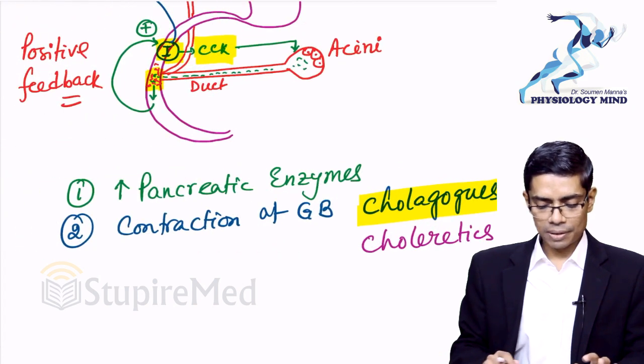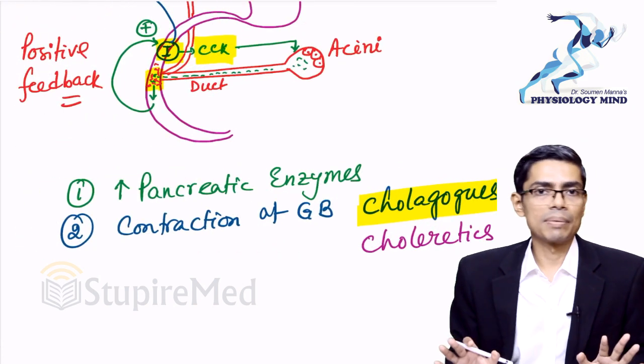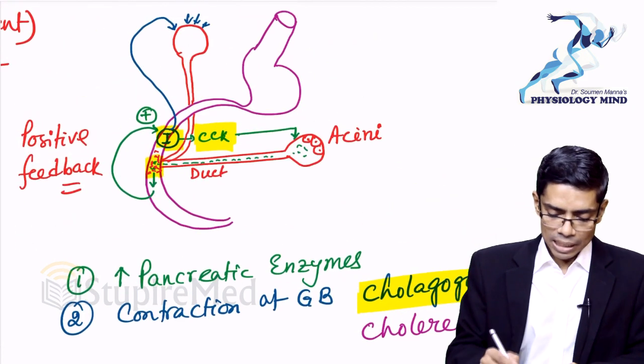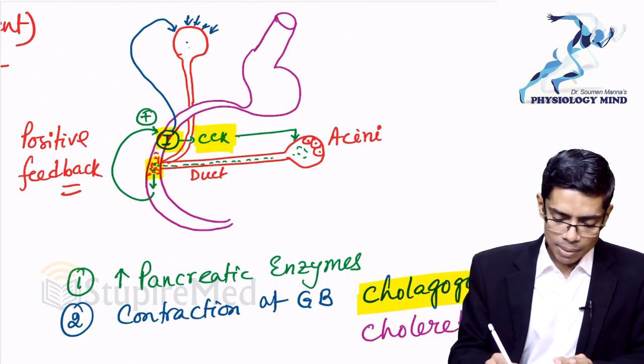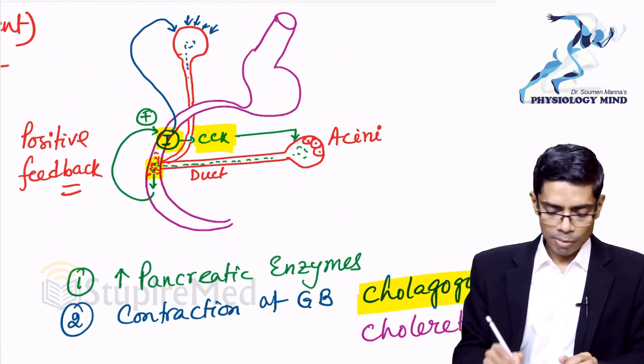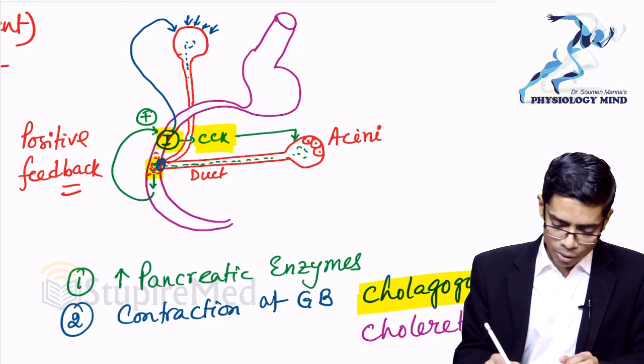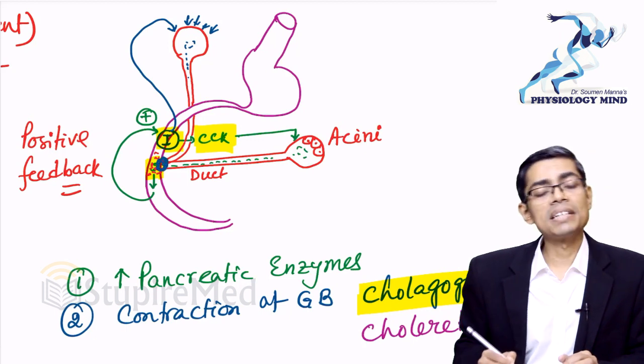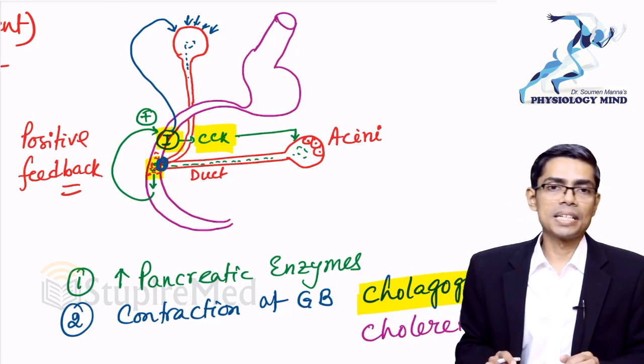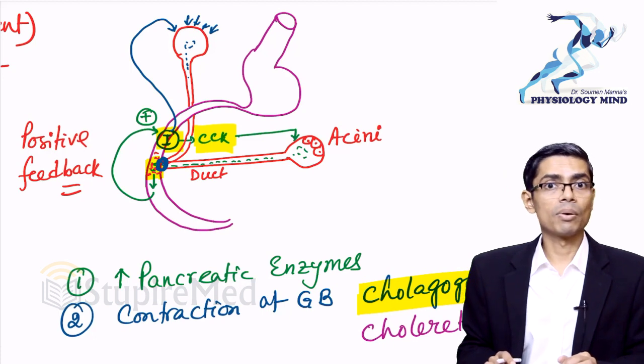So remember this. So two functions we have discussed. Now if you contract the gallbladder, obviously the bile will flow from the gallbladder, but for the release of bile at the level of the duodenum, you have to release one sphincter here, and that sphincter is known as the sphincter of Oddi.